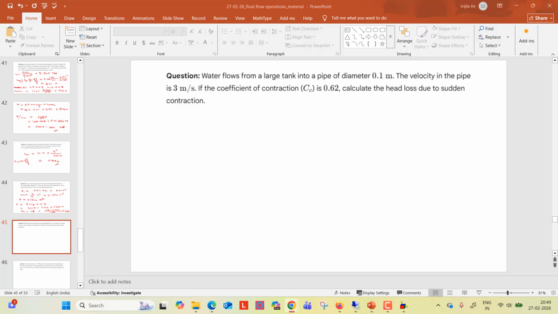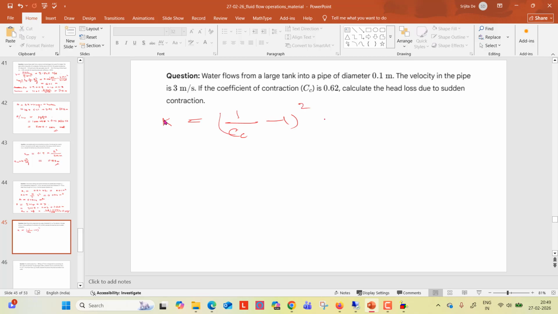From the loss coefficient of this contraction, as given in the notes, in case of contraction K is (1 by Cc, the coefficient of contraction, minus 1) whole square.